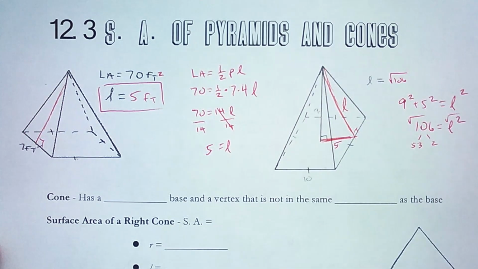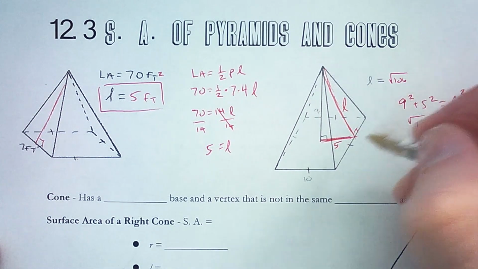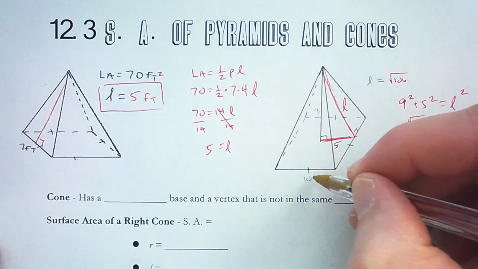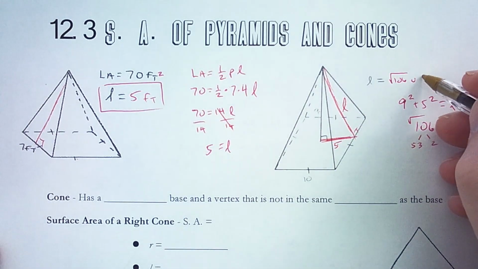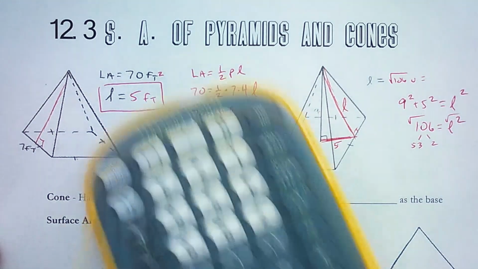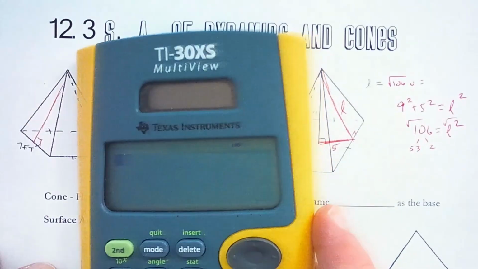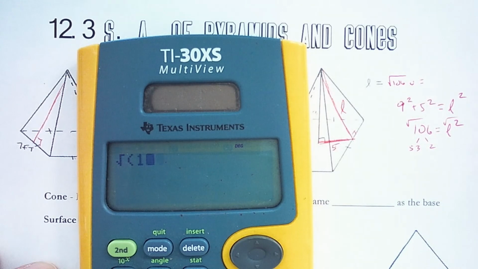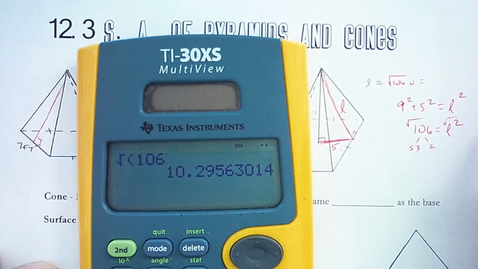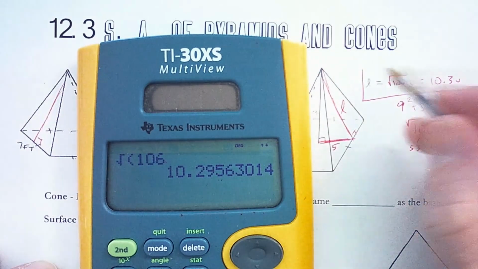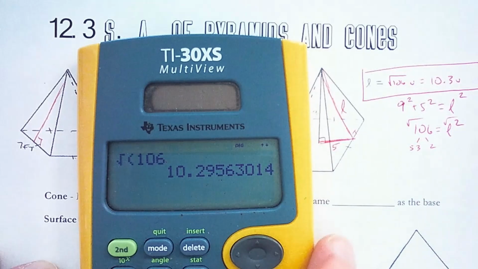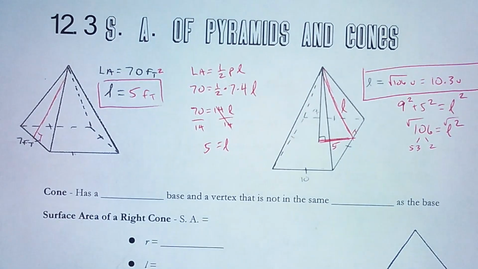So the square root of 106 would be an exact answer, and units are not given here, so square root of 106 units. Or we can find the approximate answer by finding the square root of 106, and that is 10.295, so about 10.3 units. So we have an exact answer and an approximate answer here, and either one will do.